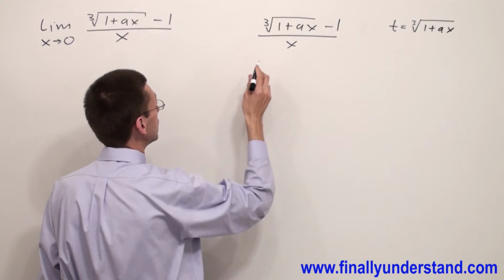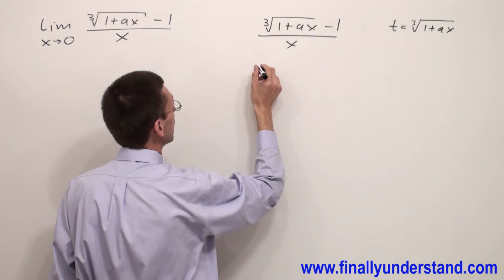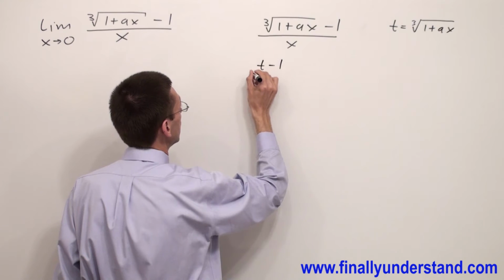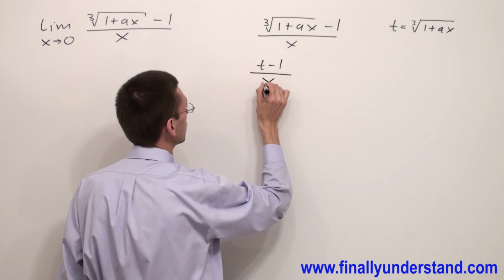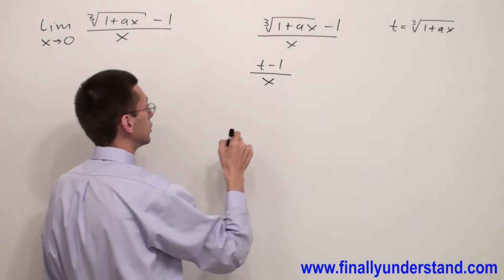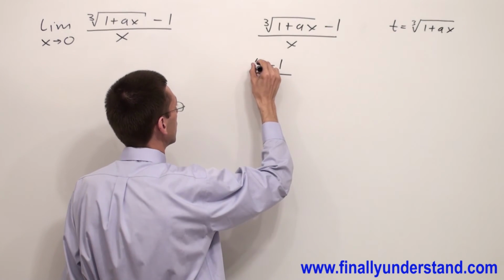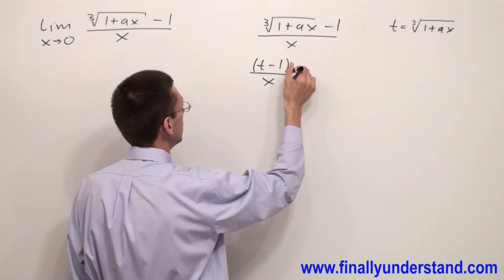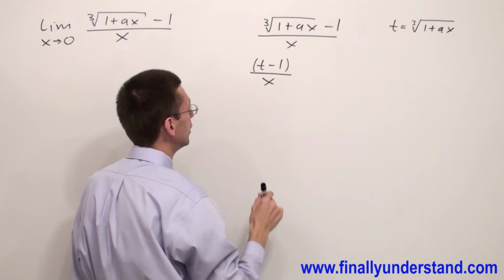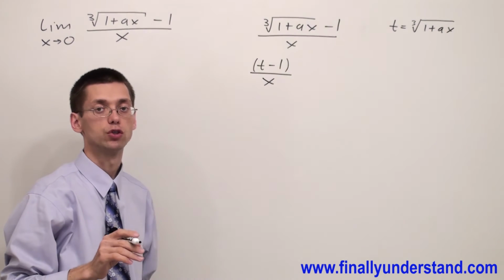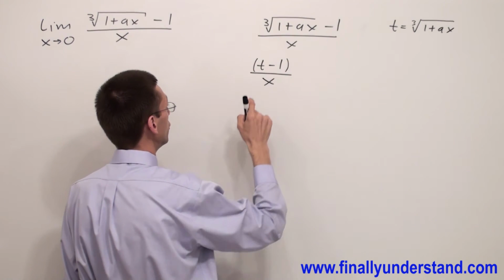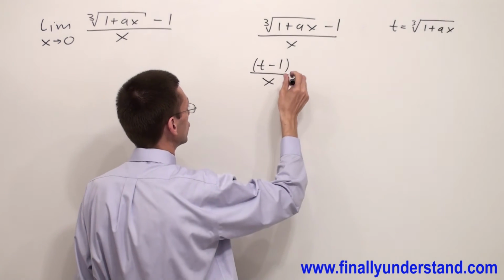I can rewrite this function as t minus 1 over x. Please notice that I can apply to my problem the difference of cubes, because difference of cubes would have t minus 1.